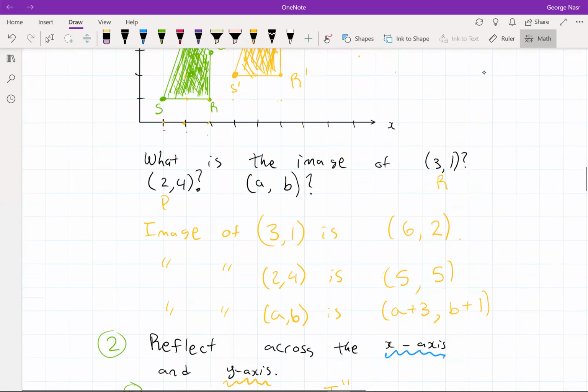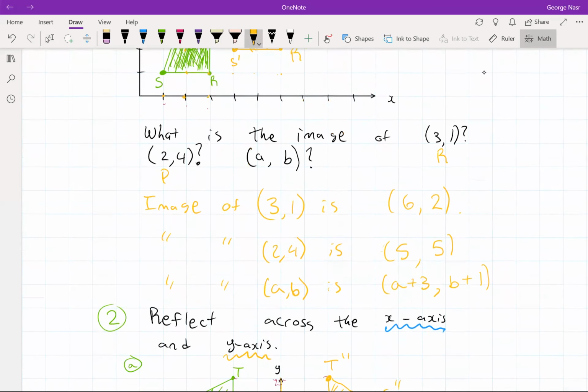Okay. I want to go back up for a second. We never really explained why this is what it is, but the point is, the arrow says to go right 3 and up 1.